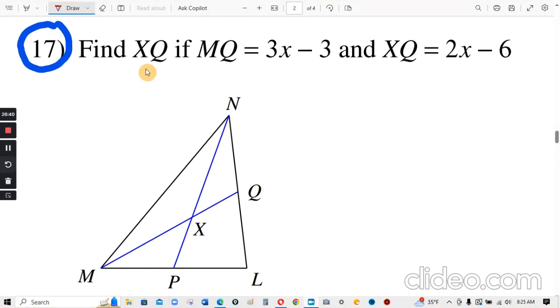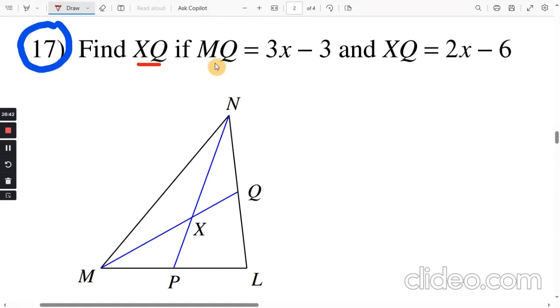All right, one more. They want us to find XQ. And they give us MQ and XQ. Okay, XQ is this right here. We can see X is the centroid. If we go from centroid to midpoint, that's going to be 1/3 of the whole thing, of the whole median. Okay, so XQ equals 1/3 of the whole median, which is going to be MQ.